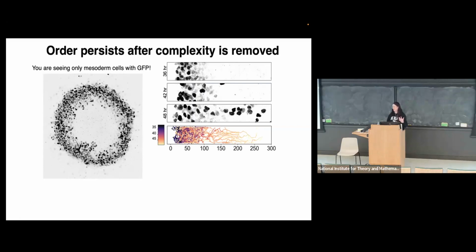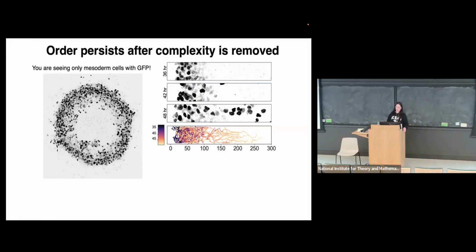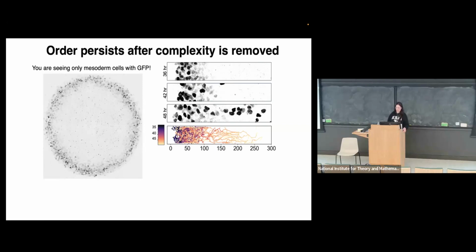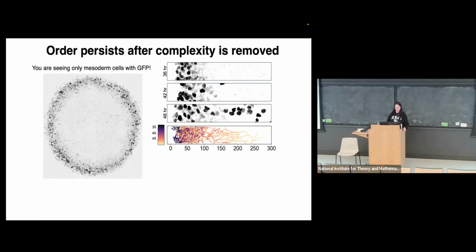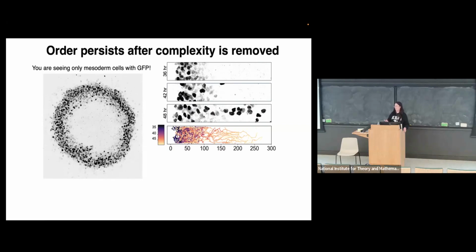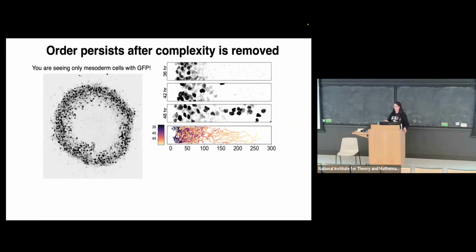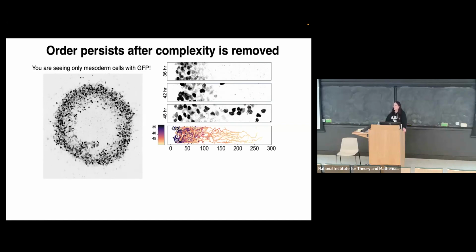Ideally, I would mix them together and image them together, but since they're both GFP, I compare their speed. The speed of those middle cells is about 0.2 microns per minute, similar to normal stem cells, and they also don't have a directional bias. So basically, the mesoderm cells are the only cells that have a directional movement inwards, it seems.